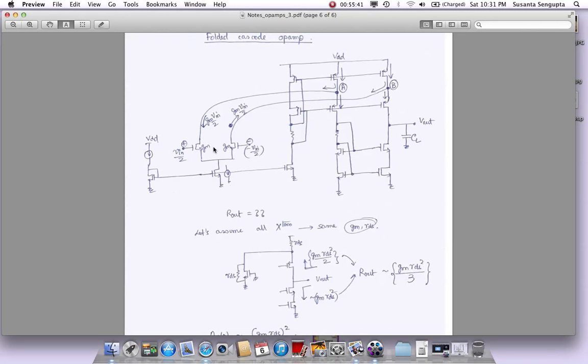But again, it's an RDS here, and hopefully not much gets lost here, because this 1 over GM is hopefully a much lower impedance compared to the RDS of this device or the RDS of this device. So I can get almost all of the current to come here. Okay, maybe not 99%, maybe 98%, something like that.